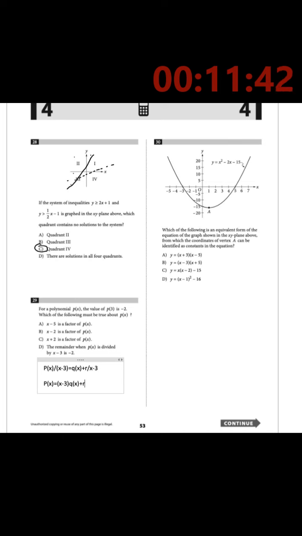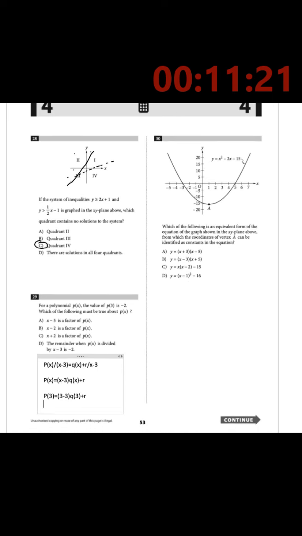And now we know that p(3) equals negative 2. So it must be that p(3) equals (3 minus 3) times q(3) plus r. Therefore, the remainder must be r.